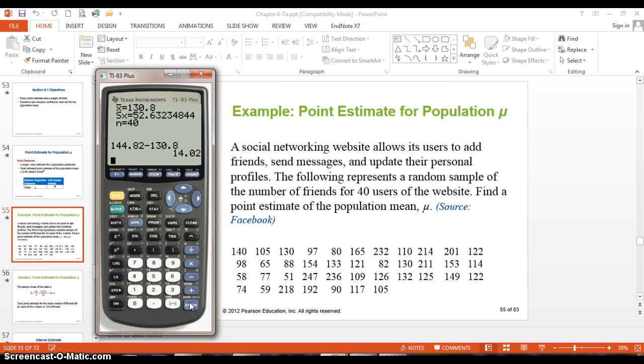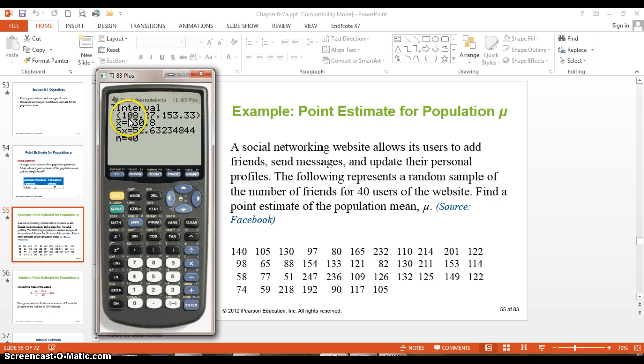What do you think would happen to the confidence interval if we said a 99% confidence level? Do you think it would get wider, or do you think it would get narrower? Well, let's check. So we'll go back to stat and run that t-interval. Let's change that confidence level to 99% and hit calculate.